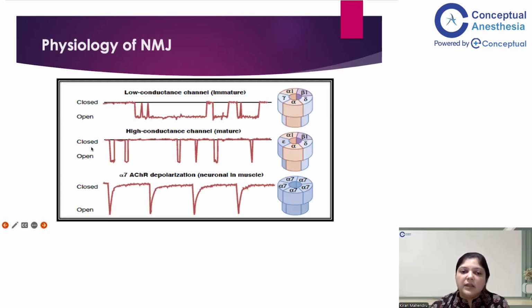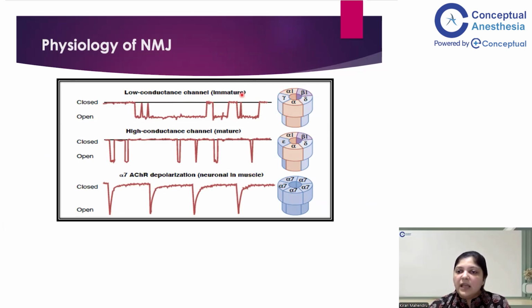Now, we should know the basic structure of the acetylcholine receptors, the nicotinic acetylcholine receptors. Basically, it consists of a pentameric structure of 5 subunits which forms a cylinder, and there is a central cation channel present. So there are immature receptors, mature receptors, and some neuronal acetylcholine receptors present in the muscle.